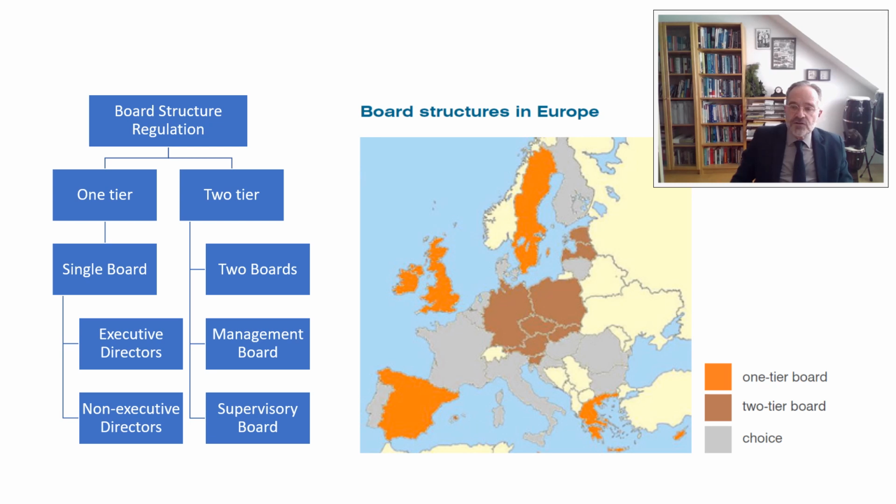When we have a two-tier system, we have two separate boards. One is the management board, and the other is, as discussed, a separate supervisory board which supervises and advises the management. Now, you can see in Europe that there are differences in the jurisdictions. One, two, both, or sometimes even more board structures are possible.